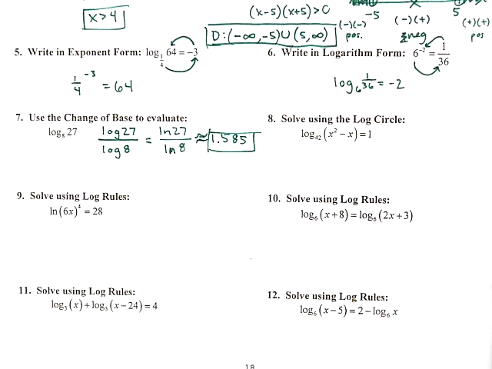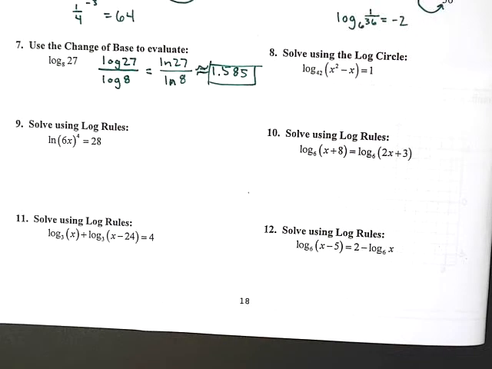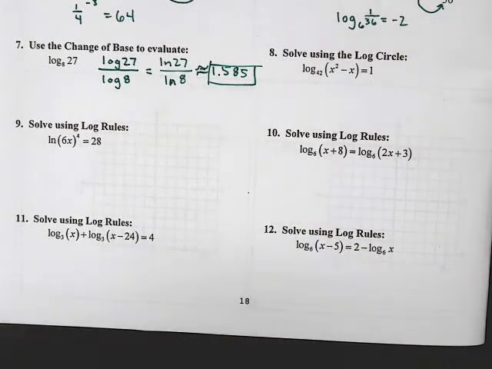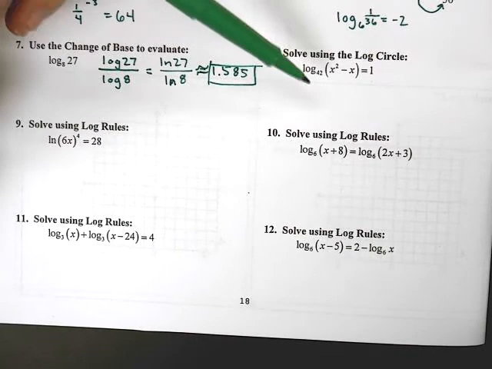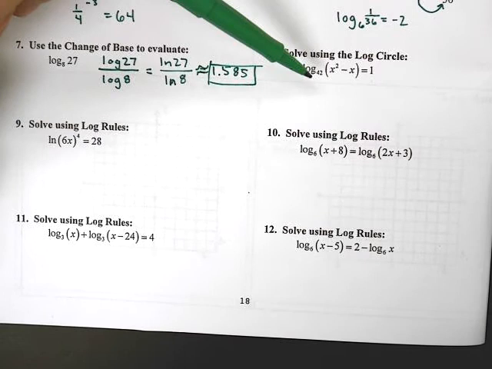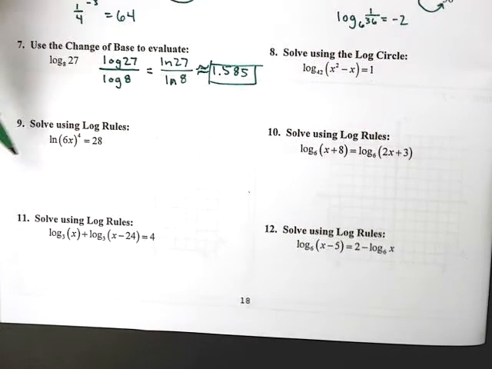Okay. Now we get into some solving. Alright, we're going to basically be solving for the rest of this video. We have to go over some of our different procedures or concepts to solve. When I give you an equation with just a single log on one side, I would just use a log circle, something like this, or even number 9.